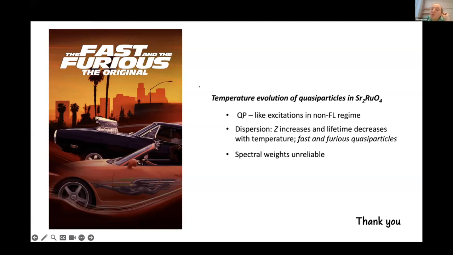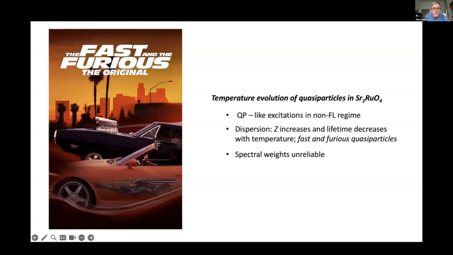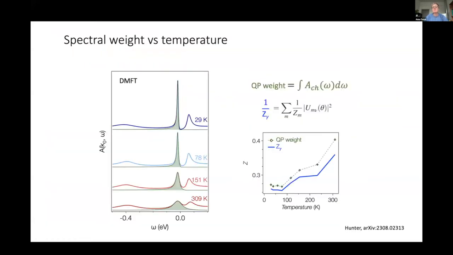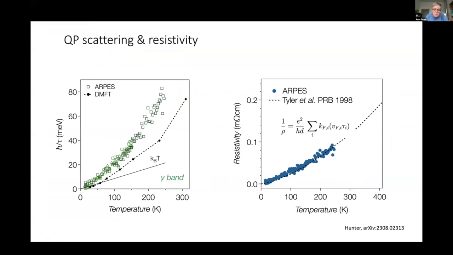But would you say also that the agreement between DMFT and the experiment becomes better at higher temperature? Or is it just the same everywhere? No, I wouldn't say it becomes better. On this I would not comment.